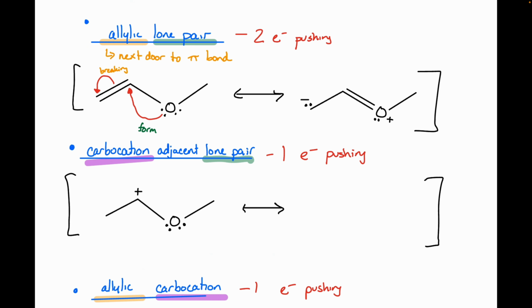All right, my carbocation adjacent to my lone pair. That lone pair goes into that empty orbital of our carbocation. So we have a bond formation arrow.